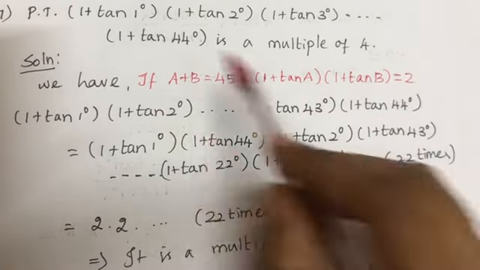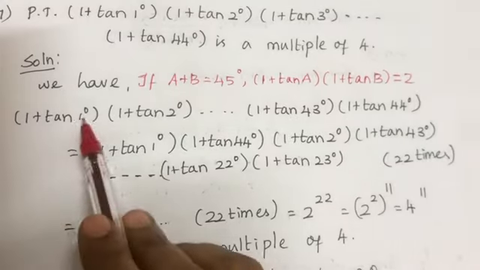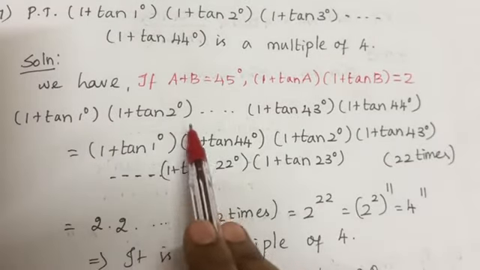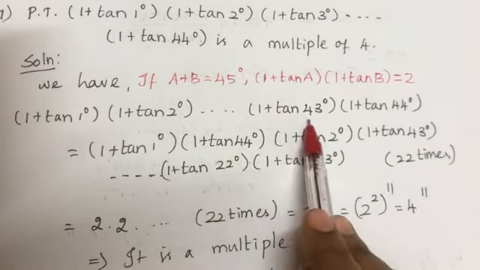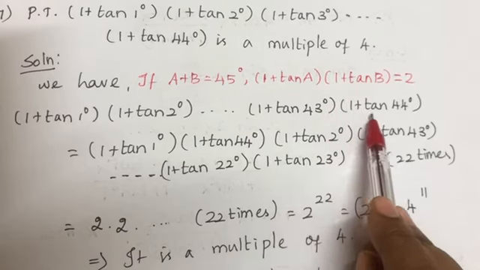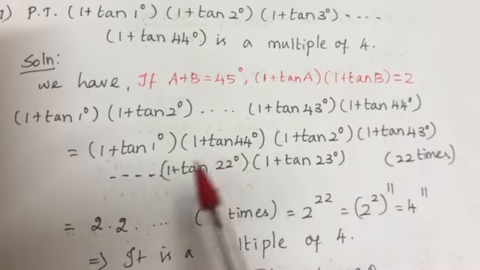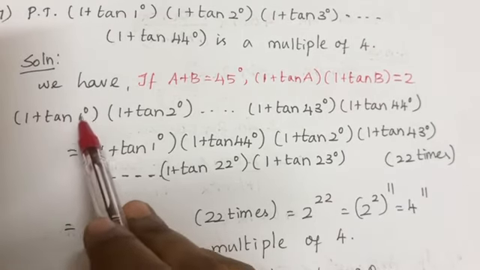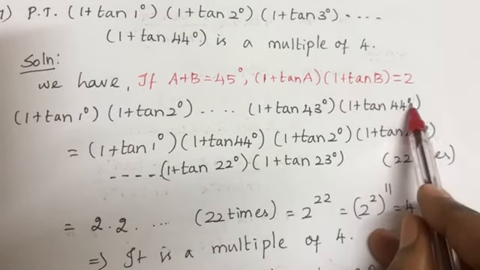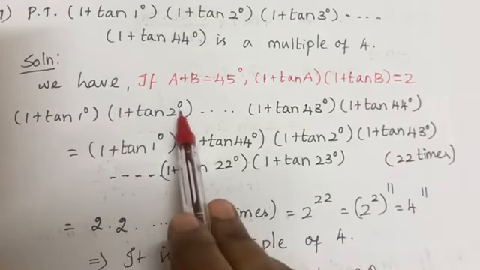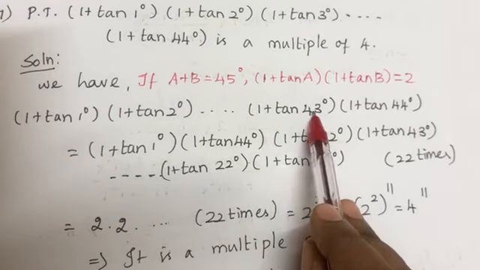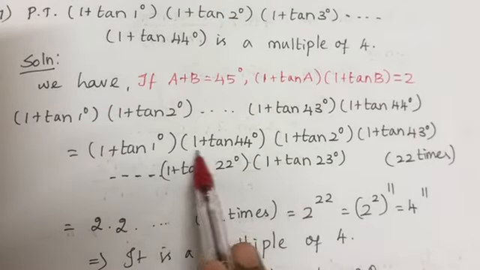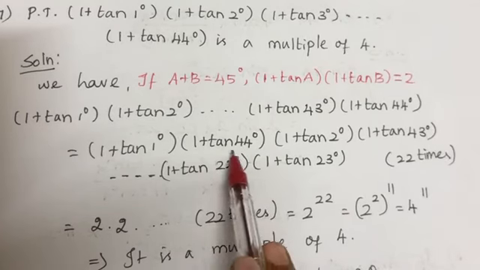So, I take this expression 1 plus tan 1 degree, 1 plus tan 2 degree and so on, up to 1 plus tan 43 degree into 1 plus tan 44 degree, and I am regrouping. 1 plus tan 1 into 1 plus tan 44.